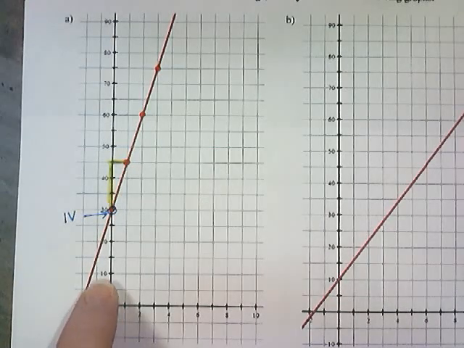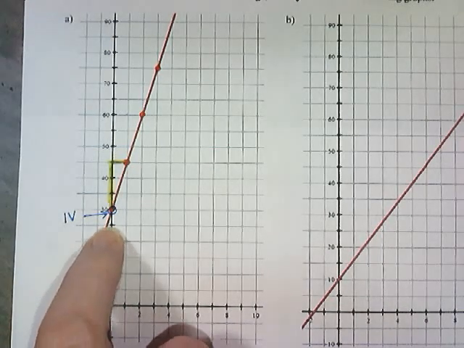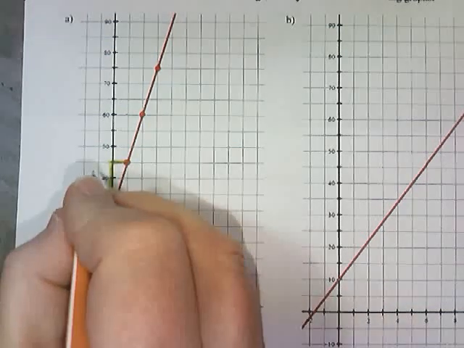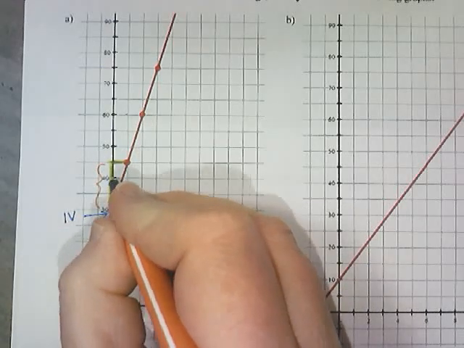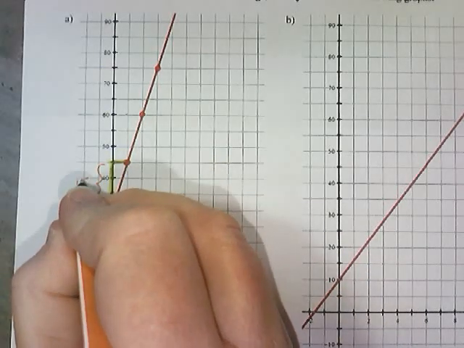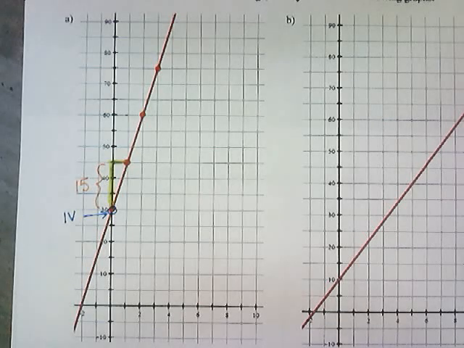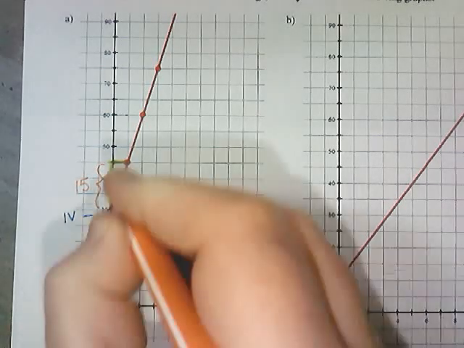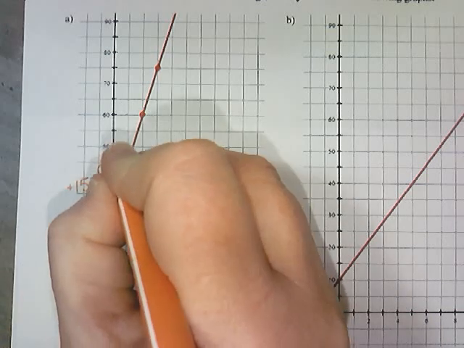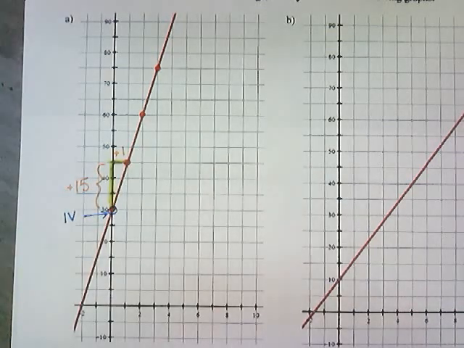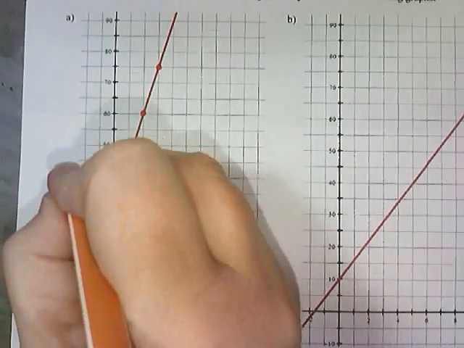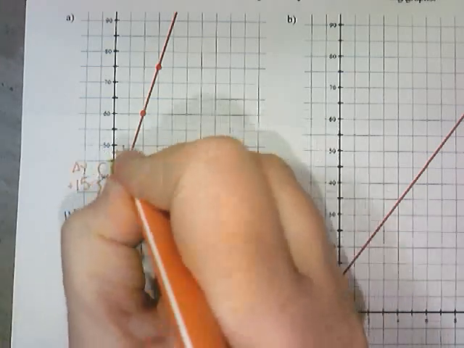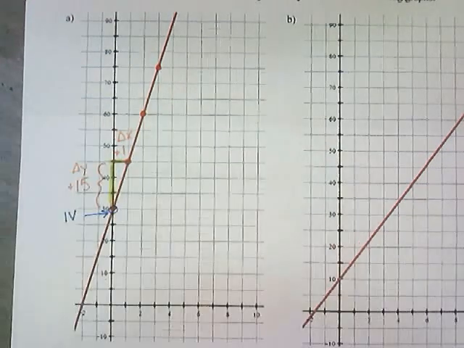I think this is 5, 10, 15, 20, 25, 30. So if it's 3 squares, we're going up 5, 10, 15. So I went up 15. And then on the x-axis, we only went over 1, right? These numbers are my delta y and my delta x. On the up and down part, that's delta y. And on the side-to-side part, that's my delta x.